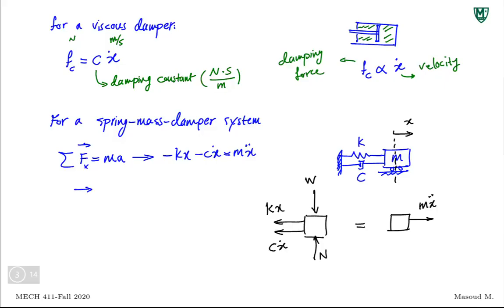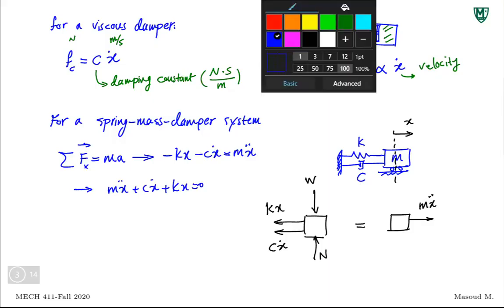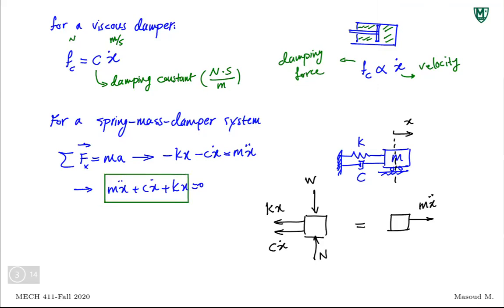And from there, you get mx double dot plus cx dot plus kx is equal to 0. This is the differential equation, or the equation of motion, for a system with a spring and a viscous damper. It's the general form of the equation.